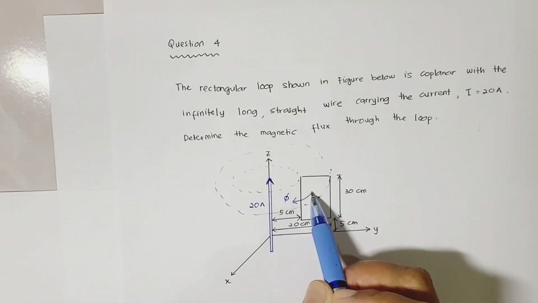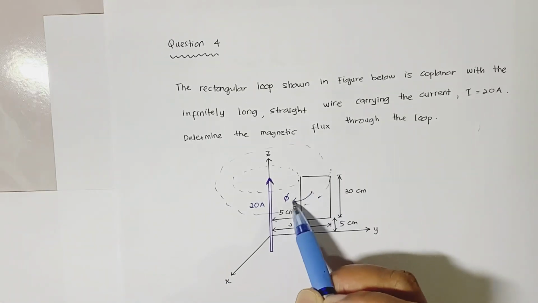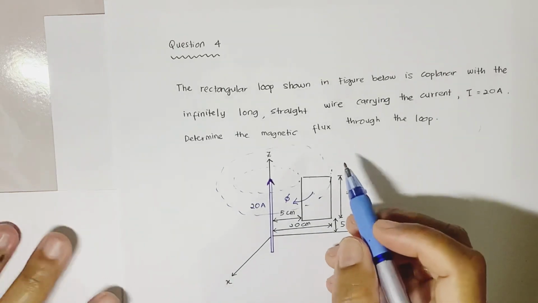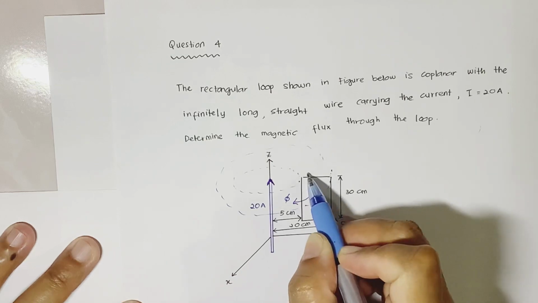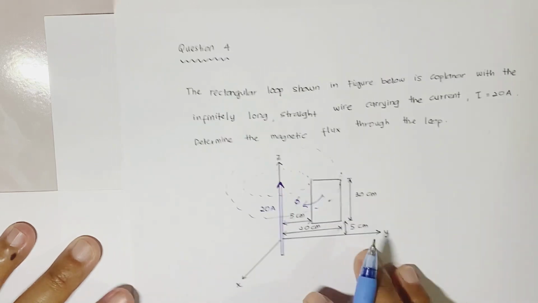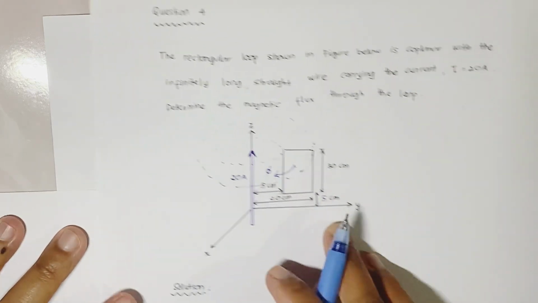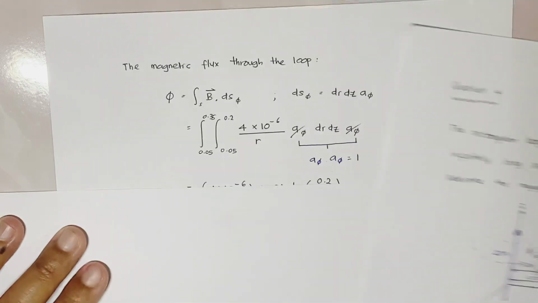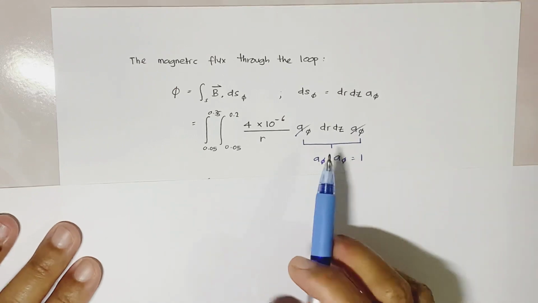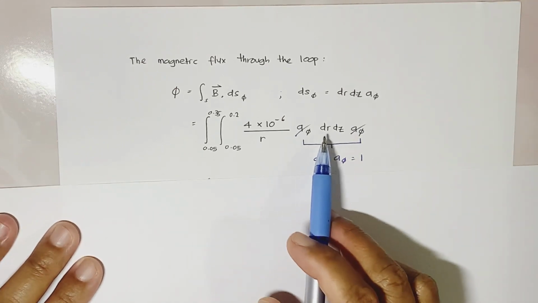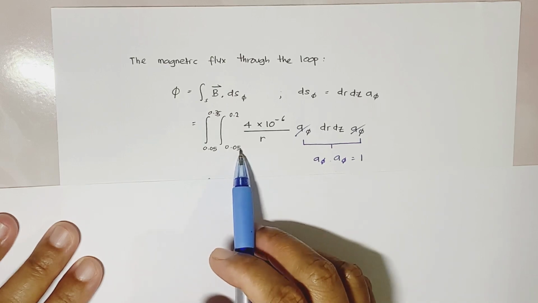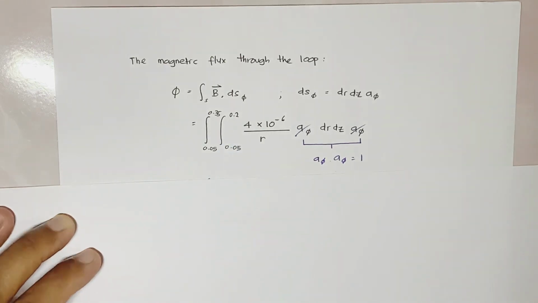So that's why this surface is facing towards the phi direction. Now we can consider this one is R. R is between 5 cm to 20 cm. So that's why for dr here, we put from centimeters, 0.05 meter to 0.2 meter.